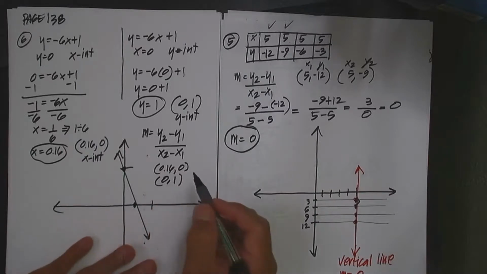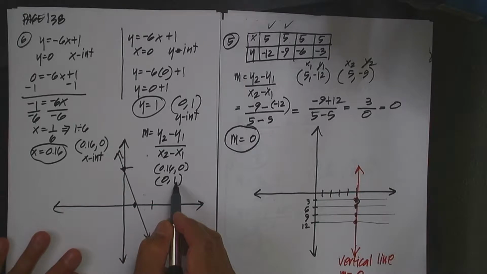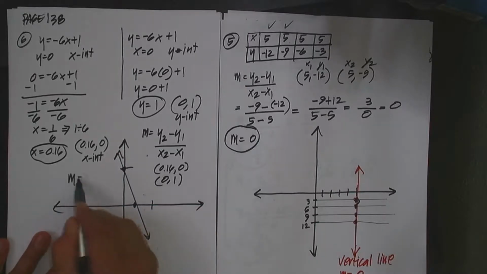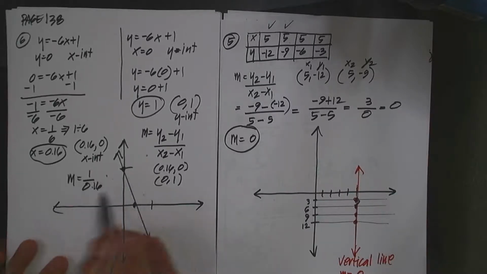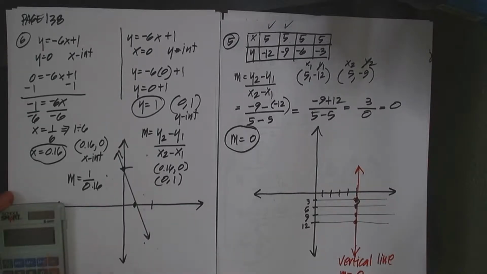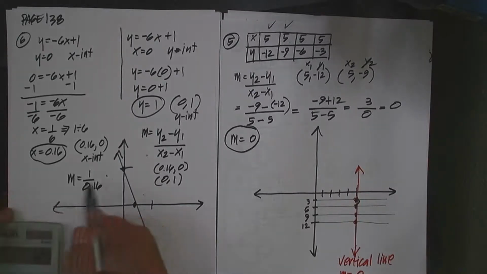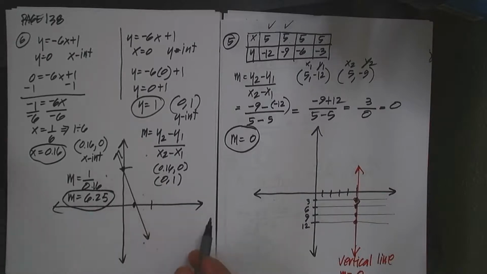Devon said yes, it will work because the x and the y are 0, so we can say that the slope of this one is 1 over 0.16. If you divide 1 by 0.16, your answer will be m is equal to 6.25. Simple as that.